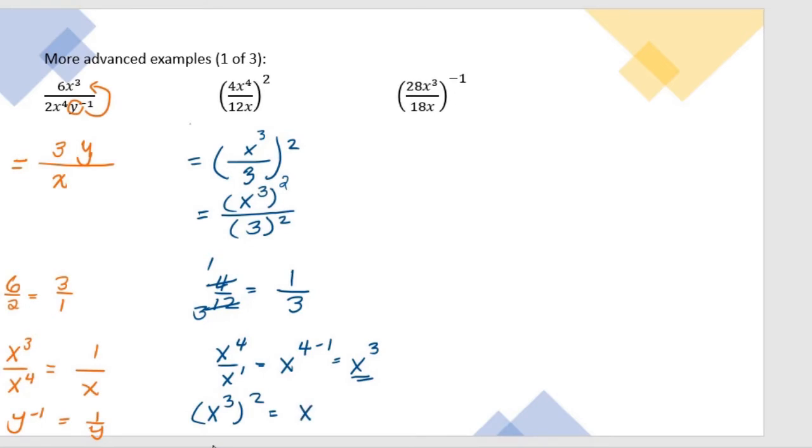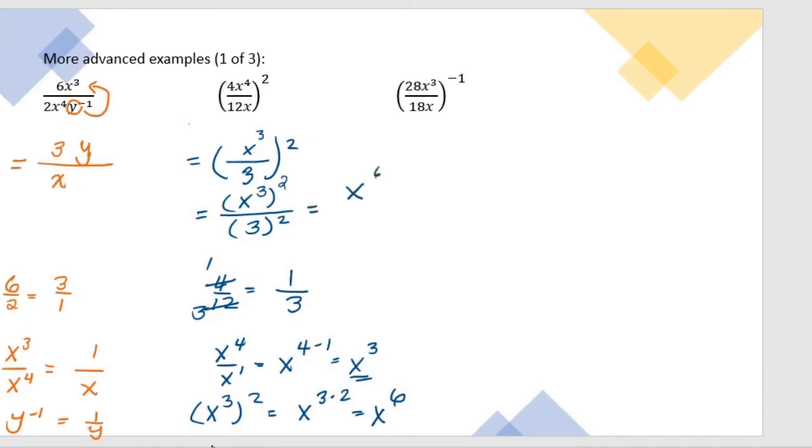If we look at our rule, it tells us to multiply our exponents. So we get x to the power of 3 times 2, or x to the power of 6. So the final answer, I'm going to write it to the right here. We have x to the power of 6, and 3 squared we can evaluate. 3 squared is 9.